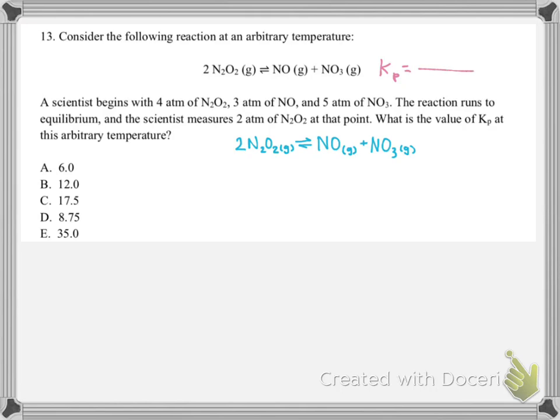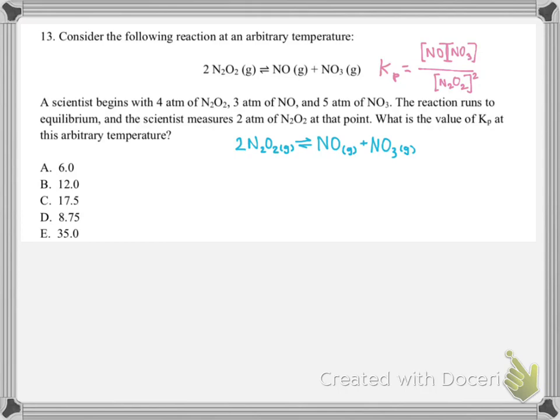So here we'll have products to their coefficients divided by reactants to their coefficients. And I just want to remind you not to include any solids or liquids in your Kp expressions. We say that their value is 1.